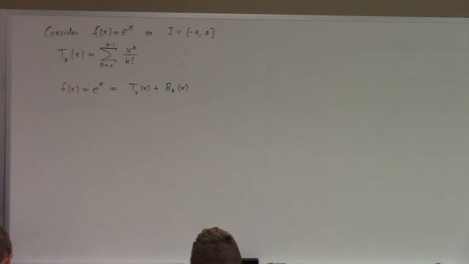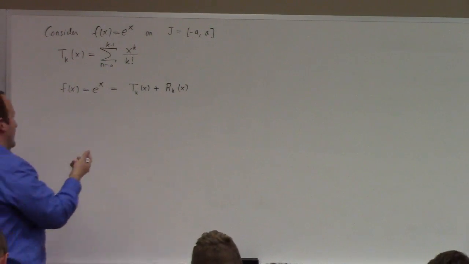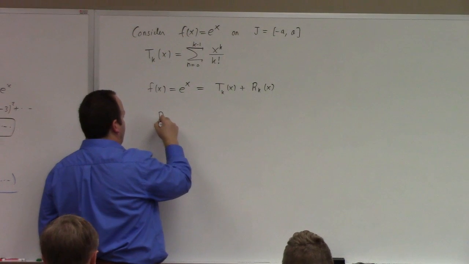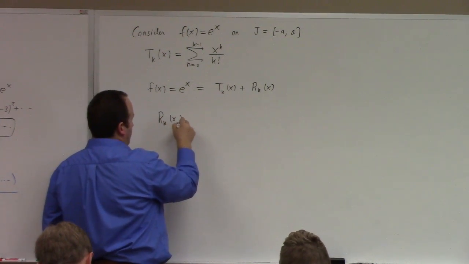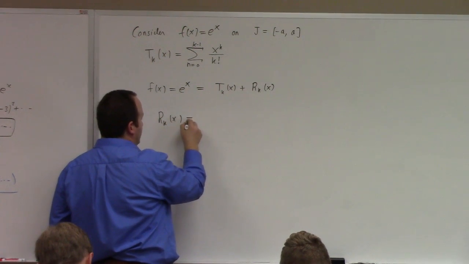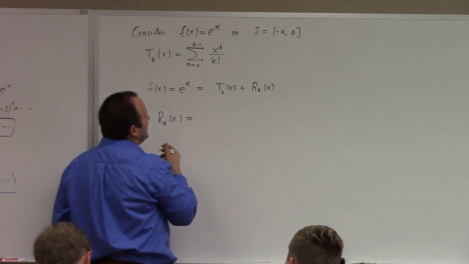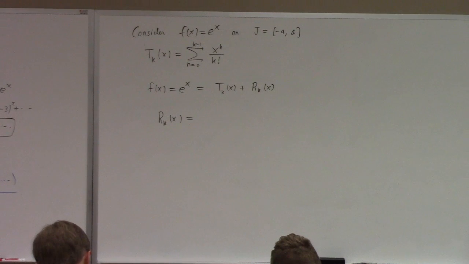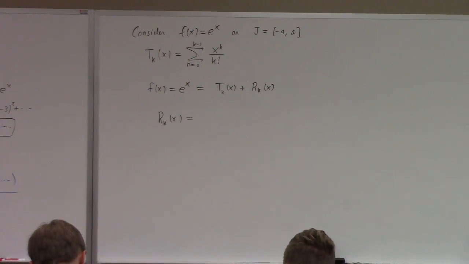Now, what does Lagrange's theorem say? It's a form of the remainder. It says that R_k of x is what? Oh man, I put it away. It's supposedly equal to, no, I've lost it.